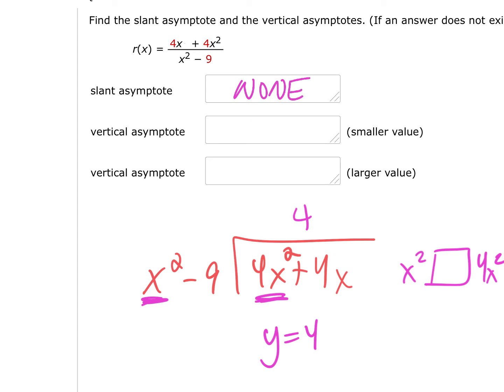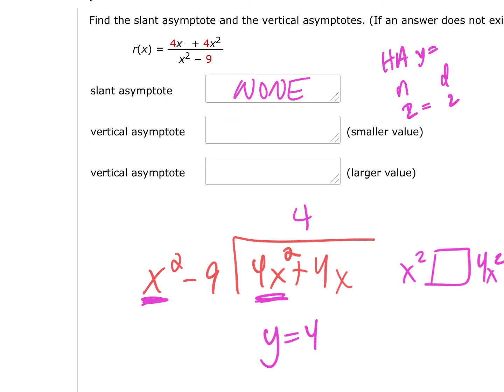If I asked you what the horizontal asymptote is, horizontal is going to be at y equals, right? A lot of you would tell me that the numerator degree was 1 and the denominator degree was 2. Is that the case? No. It's not the same. What is the highest degree in the numerator? 2. It's just not in standard form. But once you put it in standard form, 2 equals 2.